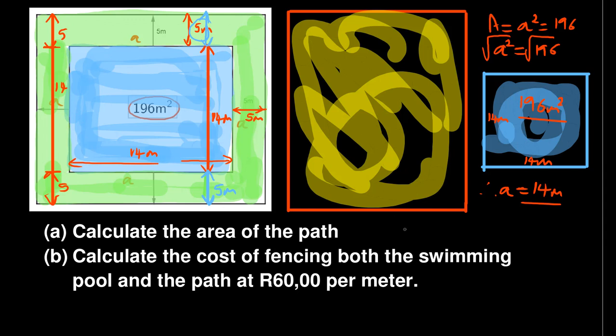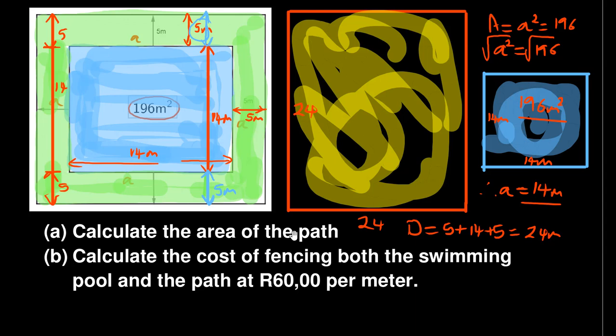So I can therefore say distance of the path, d is equal to 5 plus 14 plus 5, which is equal to 24 meters. So you see I have 24. Remember, it's a square. I also have 24.